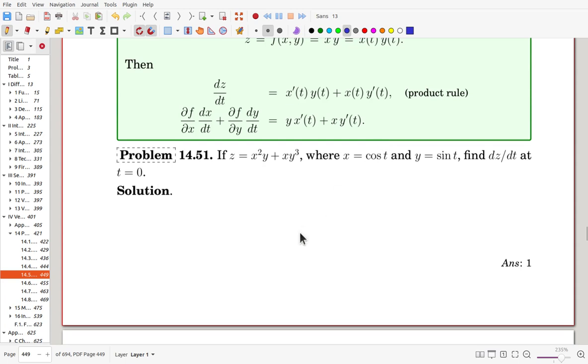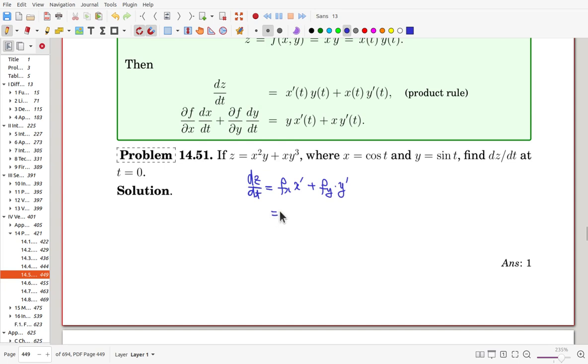Let's try to solve this problem. Z is x squared y plus x y cubed. X is cosine t, y is sine t, and we want to find dz over dt at t equals 0. Now, dz over dt equals f sub x times x prime, plus f sub y times y prime, right?